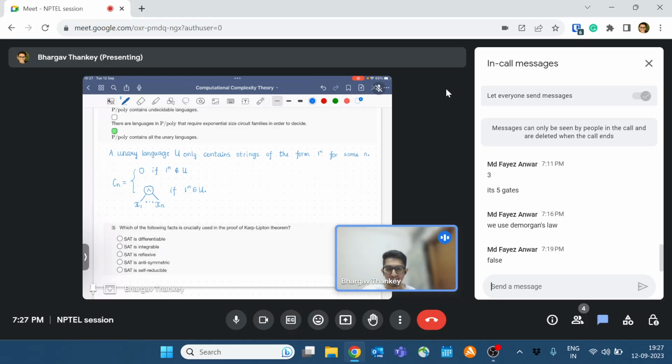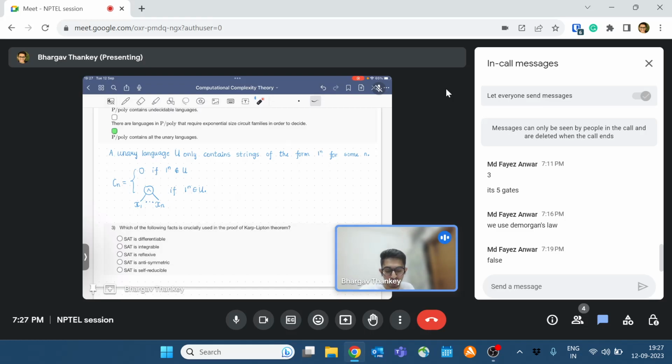So pick a string. First of all, if it is not of the form 1 to the n, then it's not going to be in the language, right? So let's just focus on strings of the form 1 to the n. If for a particular n, 1 to the n is not in U, then Cn outputs 0. And if 1 to the n is in U, then since all of these are 1, the output is 1. So for all strings of the form 1 to the n, C decides them correctly.